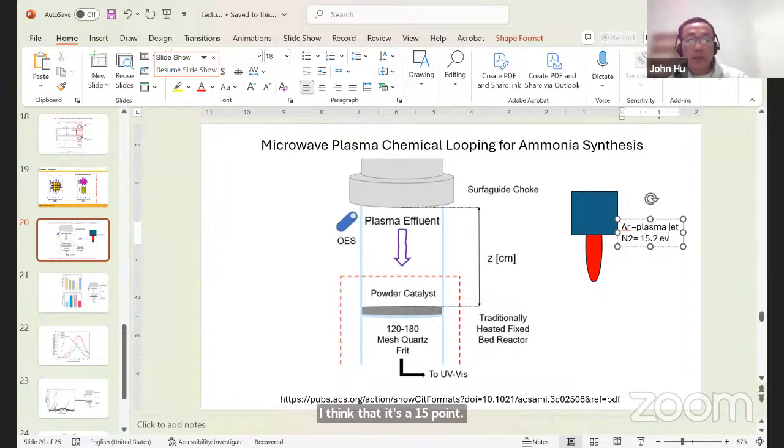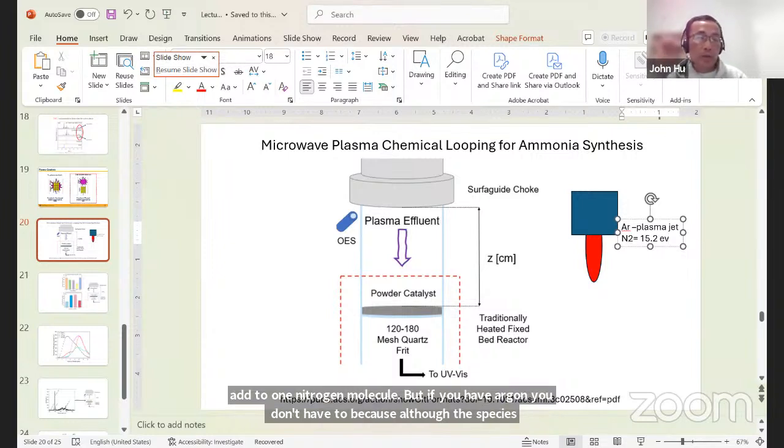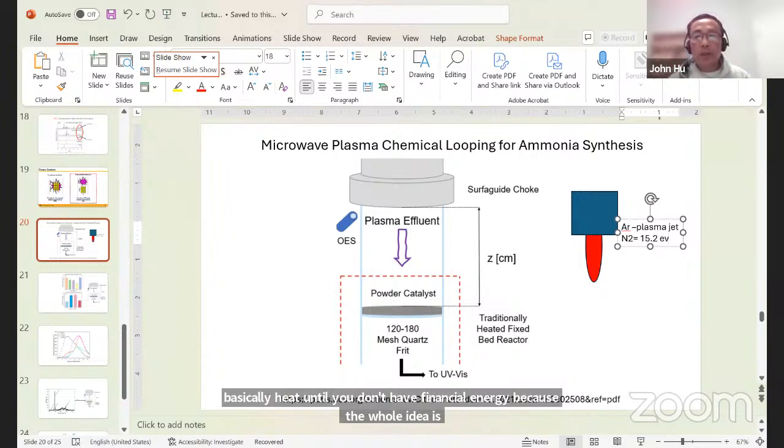So if you kick out one electron directly from nitrogen, you need to spend 15.2 eV of energy to activate one nitrogen molecule. But if you have argon, you don't have to, because all those argon species basically heat N2. You just need to kick out an electron to make it ionized.